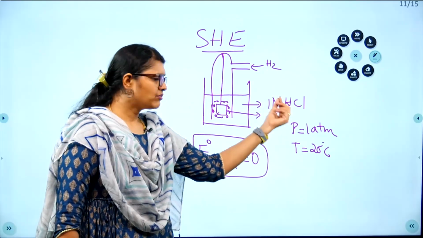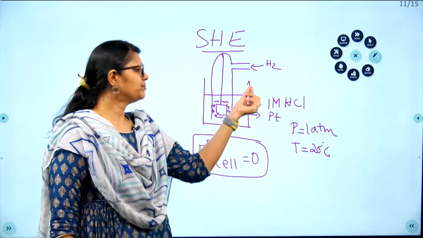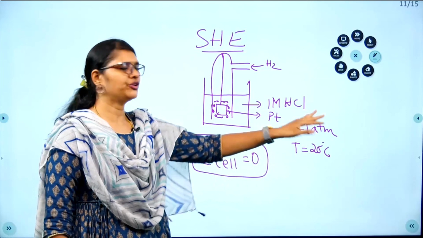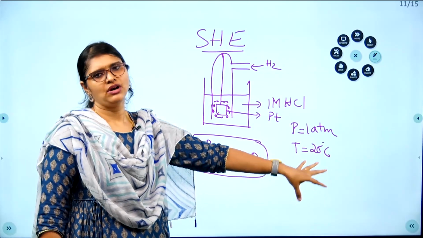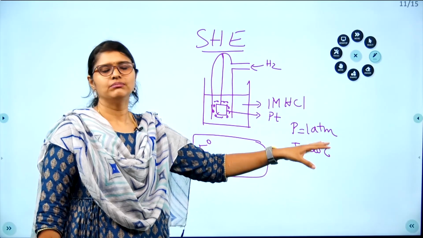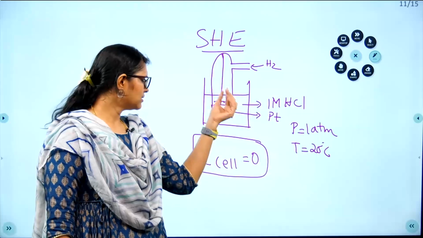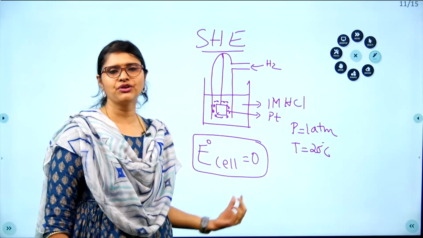So this is the construction of SHE. You take 1 M HCl and a platinum electrode, and you have a glass tube where the hydrogen is bubbled, and you have STP condition, 1 atmosphere and 273 Kelvin, but we use the room temperature 25 degrees Celsius. This setup is called SHE, and its E naught cell is 0.